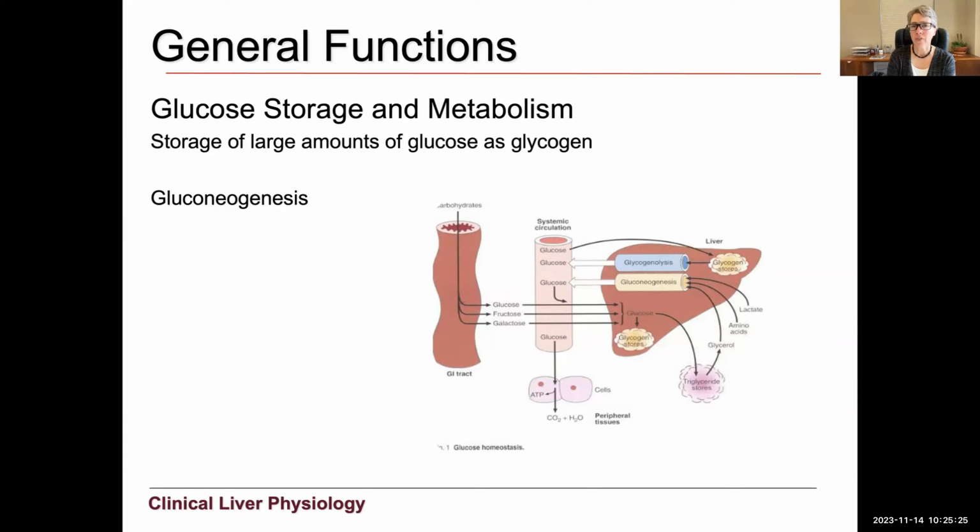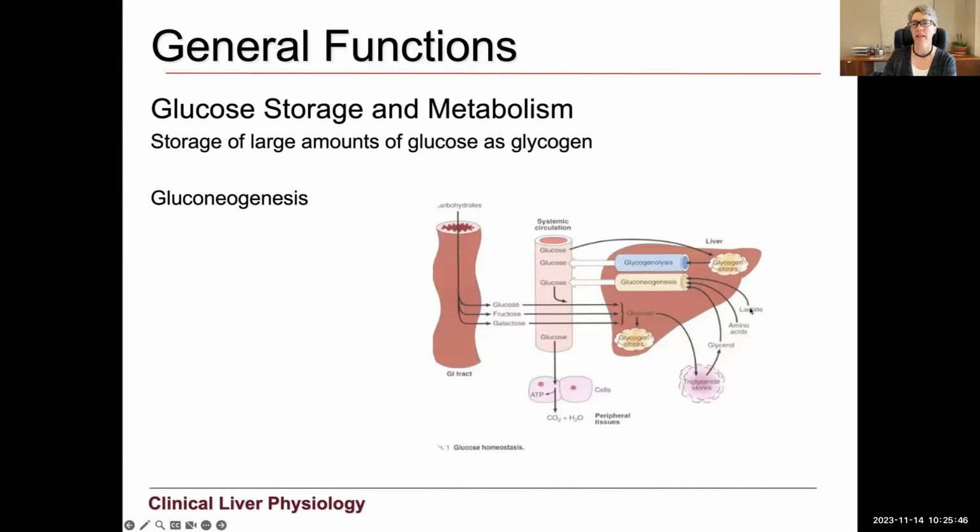The other thing that the liver does is if somebody needs glucose, maybe they're not eating, maybe they're fasting, or maybe they're starving, then the liver will take other molecules like fatty acids, amino acids, and it will make new glucose. That's the process of gluconeogenesis.